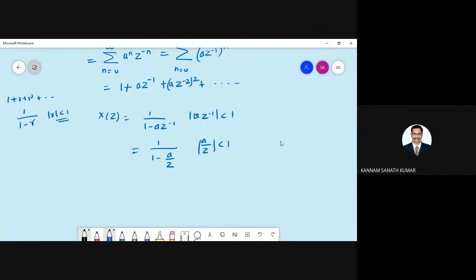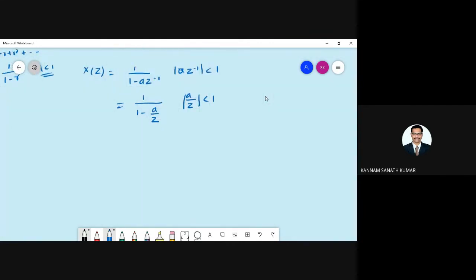Next, you can take the LCM: 1 by (z minus a) by z, where mod a is less than mod z. So this is z by z minus a, and the ROC, region of convergence, is mod z greater than mod a.